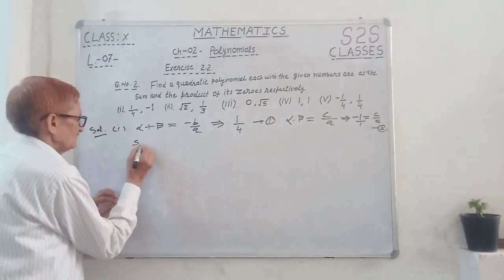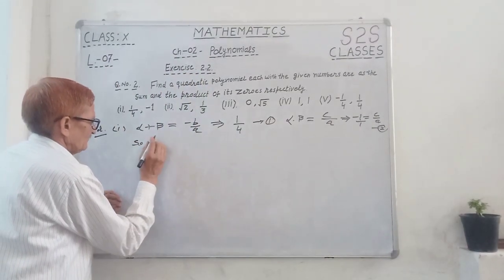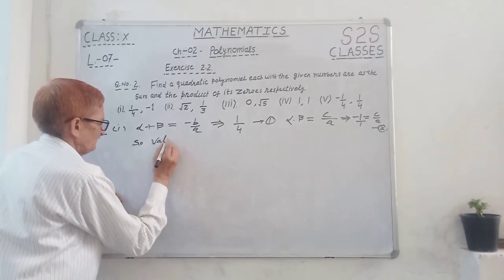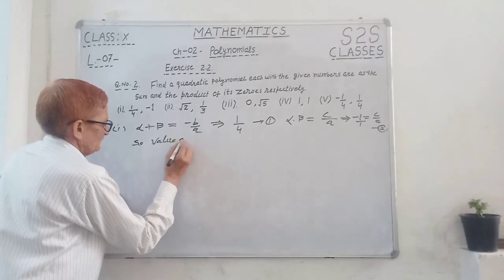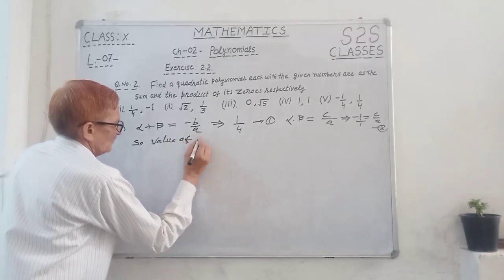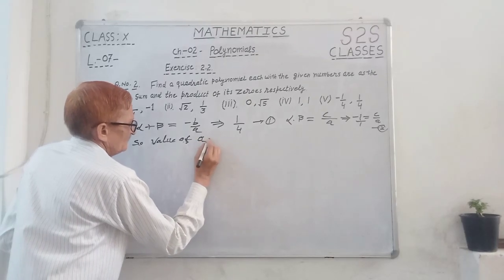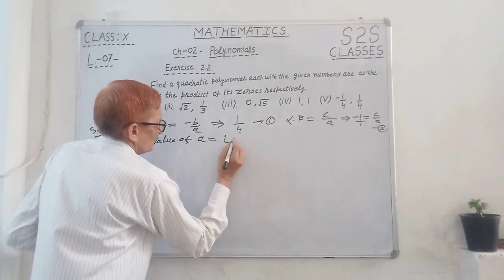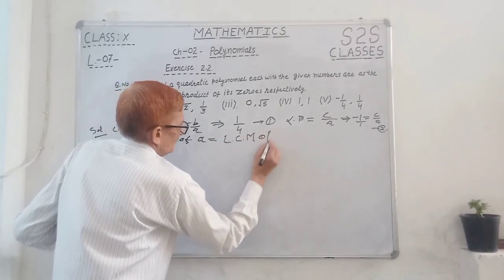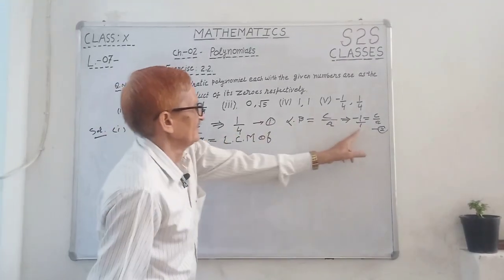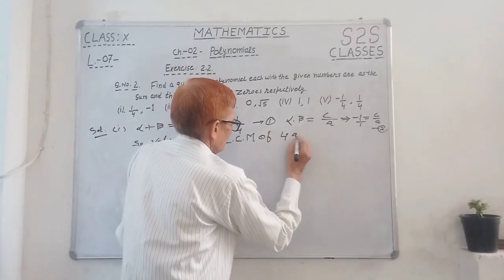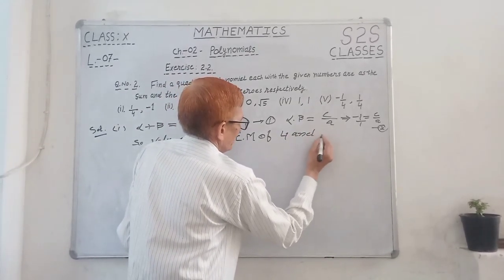So the value of A will always be equal to the LCM of the denominators for these questions. Here the denominator is 4, and here 1. So what will be the LCM of 4 and 1?